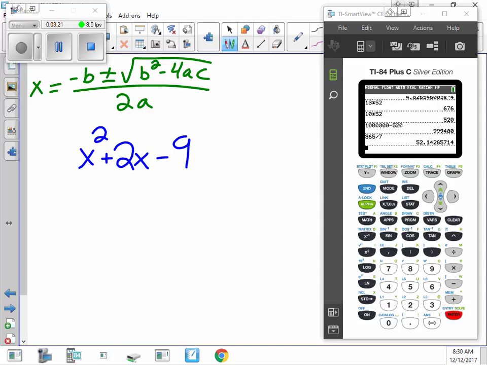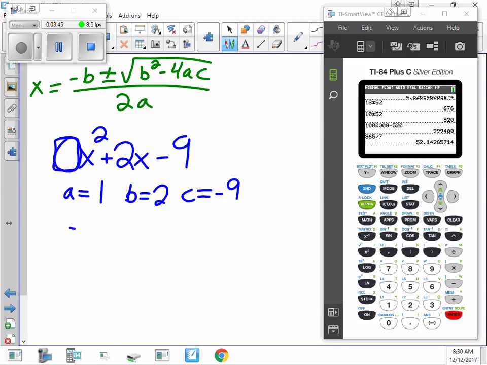So I need to use the quadratic formula. In this case, a equals the number in front of the x squared, which is 1. B is equal to 2, and C is equal to negative 9. Okay.